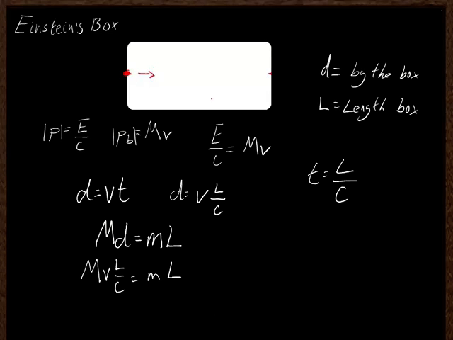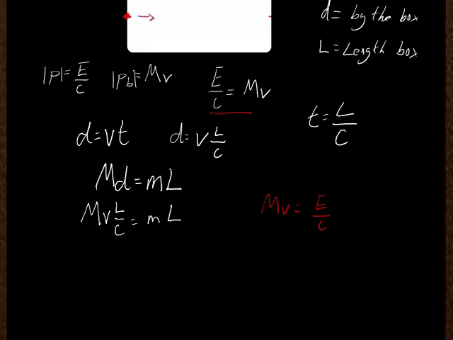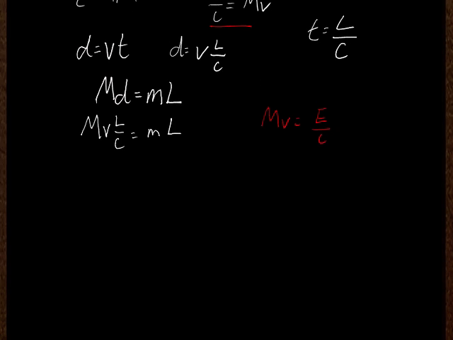Now we know from our equation up here that mv is equal to E over c. So if I just move this down a little bit, we can plug that into our equation here. E over c times L over c equals L, and we can then cancel some L's as well.